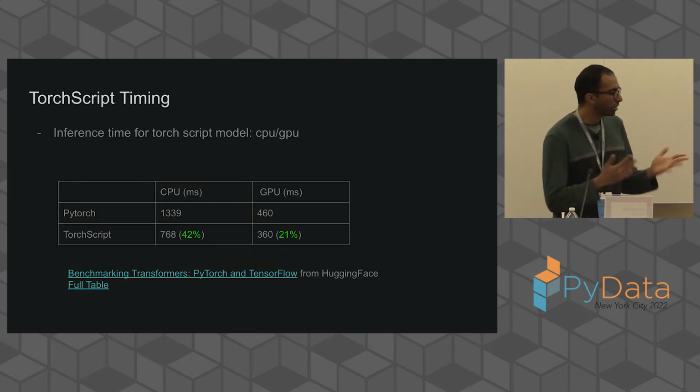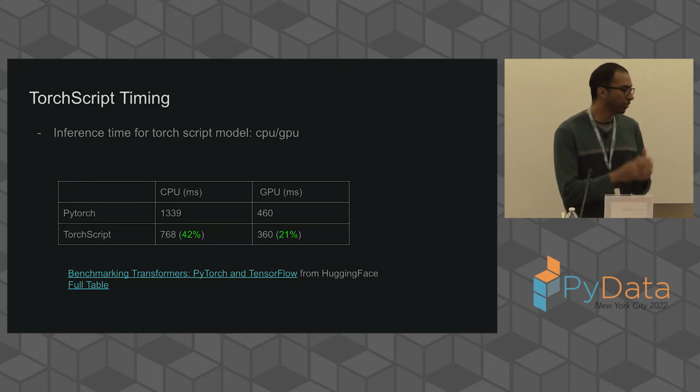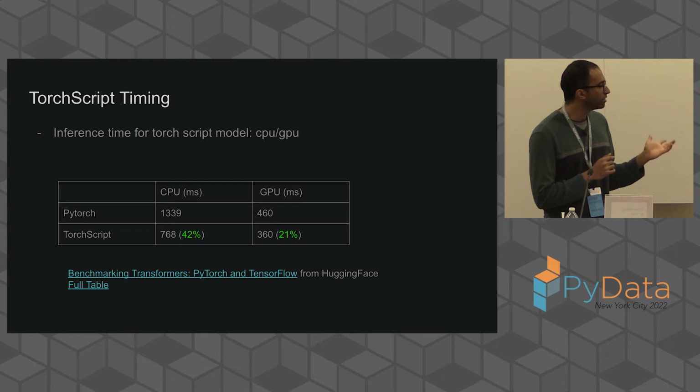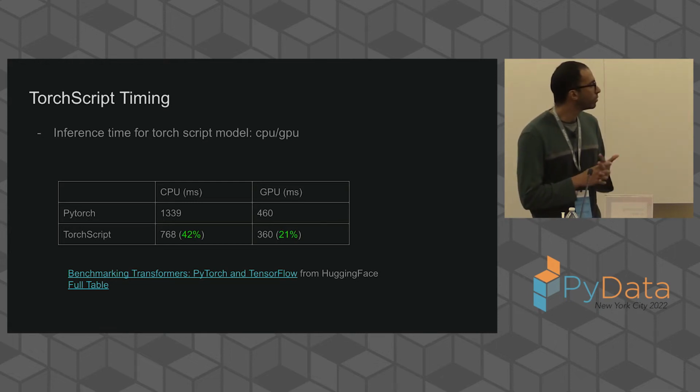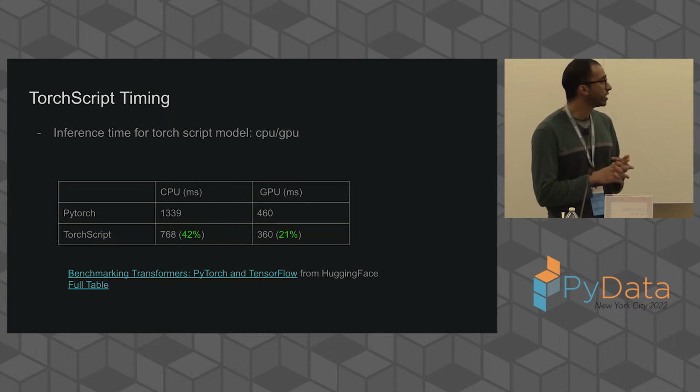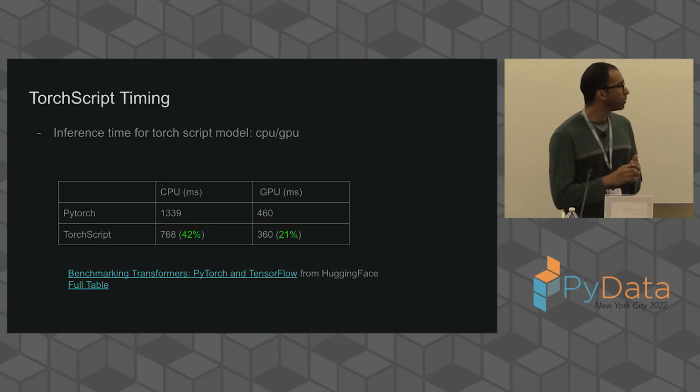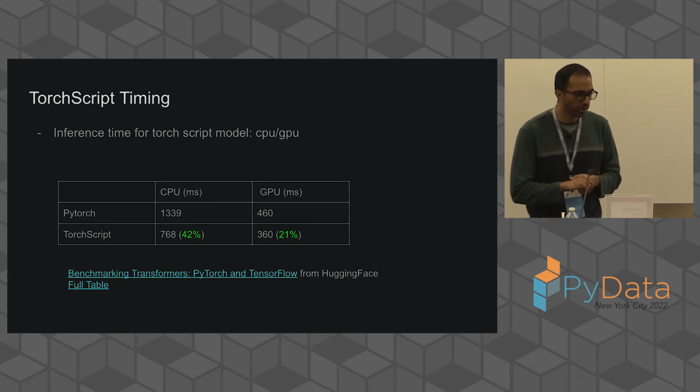So let's see what improvement we get. Here, we're taking the same PyTorch model and doing the torch scripting process that we just talked about. We're going from 1.3 seconds all the way to 768 milliseconds by just doing that tracing operation. Definitely, you see a large improvement on this CPU, and on GPU the improvement by raw numbers is a little bit smaller, but you're still seeing improvements here.